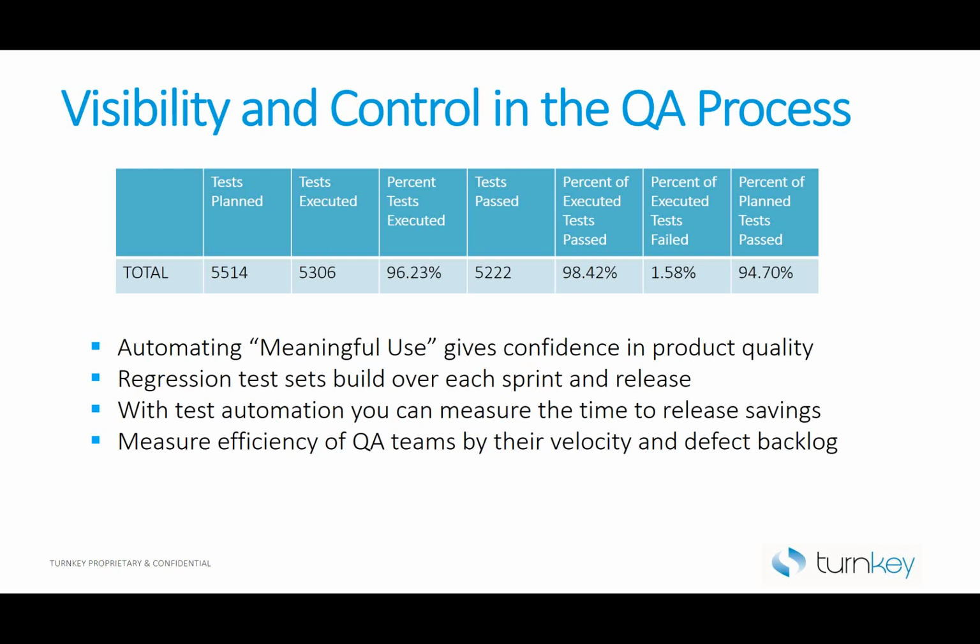By expanding test automation coverage from release to release, you can measure the time to release savings with each iteration, which ultimately helps you determine your progress of building a DevOps culture by ensuring efficiency of the teams in their testing velocity and defect backlog.